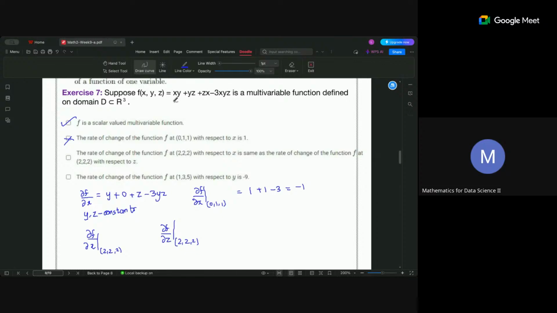Let's say you have 5x plus 10, and then plus 2x minus 30x. I have taken y to be 5 and z to be 2. Then what will you get in the derivative with respect to x? You will get 5 plus 0 plus 2 minus 3 times yz, whose value is actually 10, so minus 30 you will get. So the same is what I have written here.